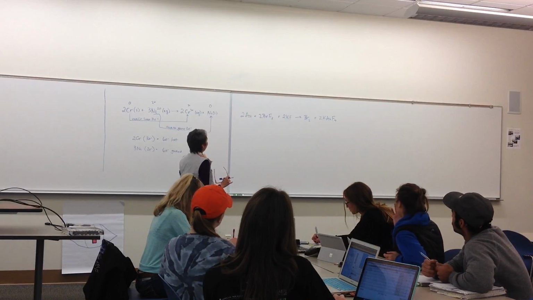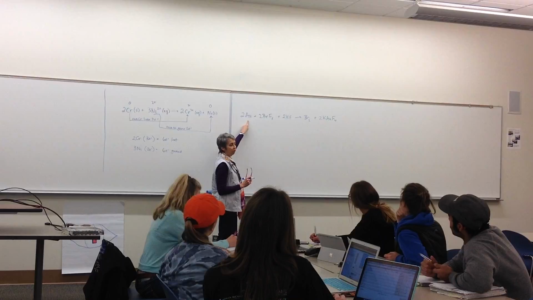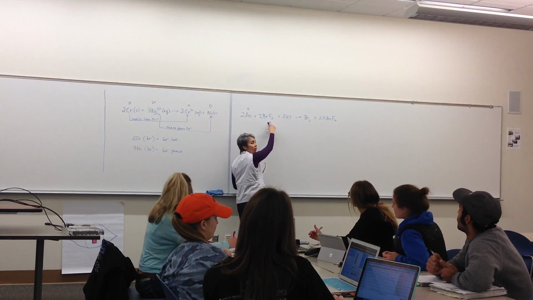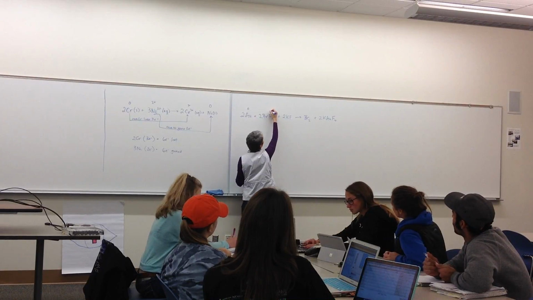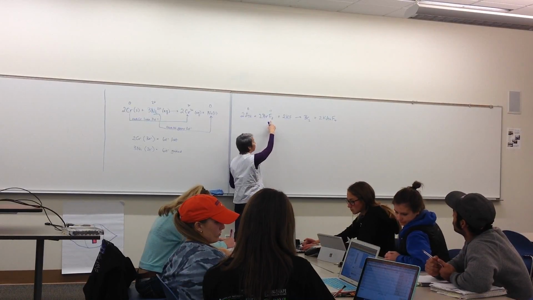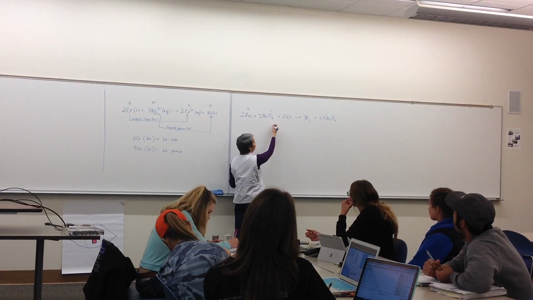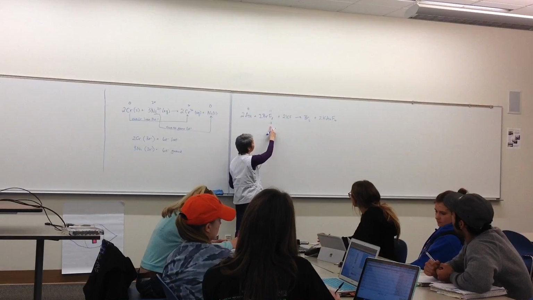What's the oxidation number of gold when it's all by itself and it's neutral? 0. What's the oxidation number of fluorine? -1. Fluorine's always -1. So if fluorine is -1 and there are 3 of them, what's the total contribution from the fluorines? -3, and I like to write the total contribution underneath.